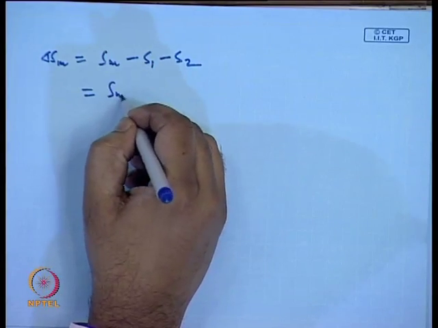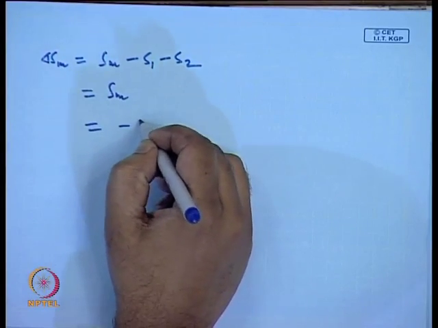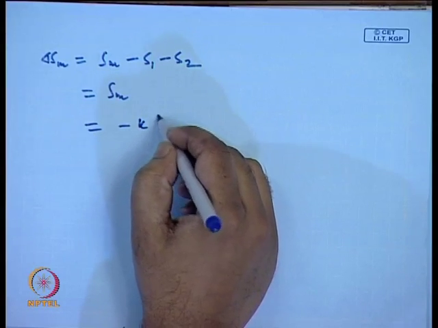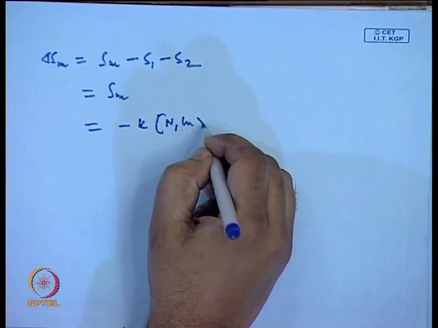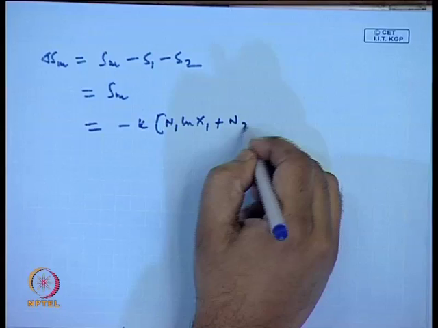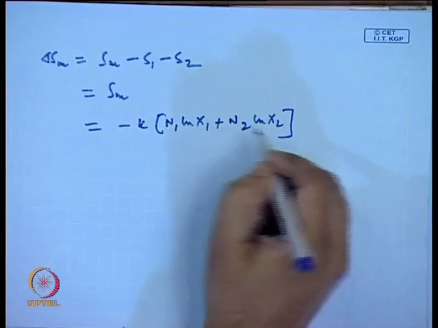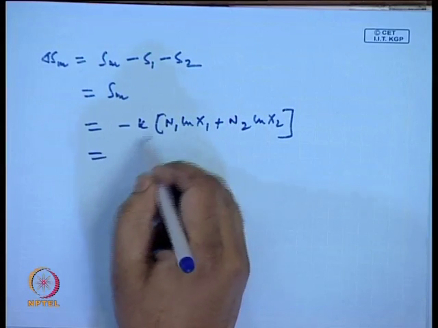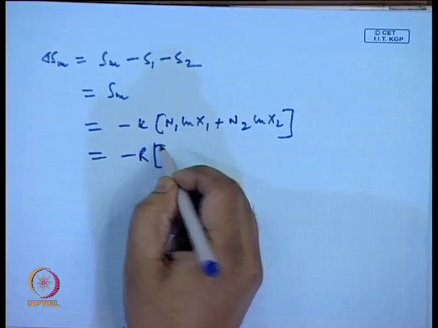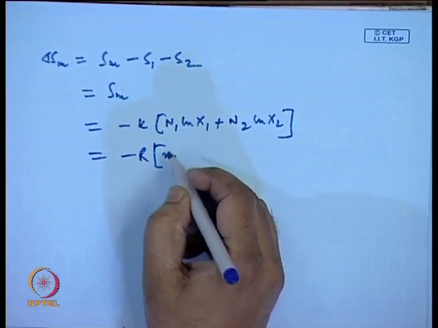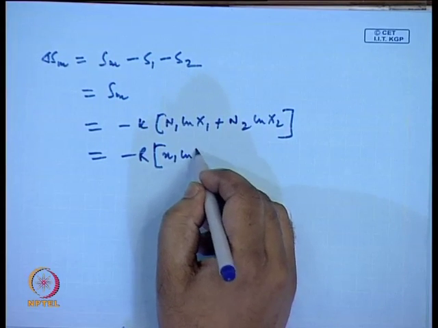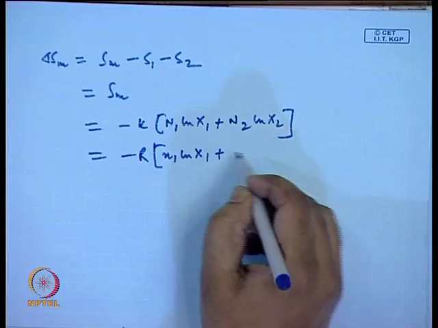So, the entropy of mixing in this case is Sm, the entropy of the mixture, minus S1 and S2, and it is the same as what we have seen earlier. You can multiply it on both sides to convert it.